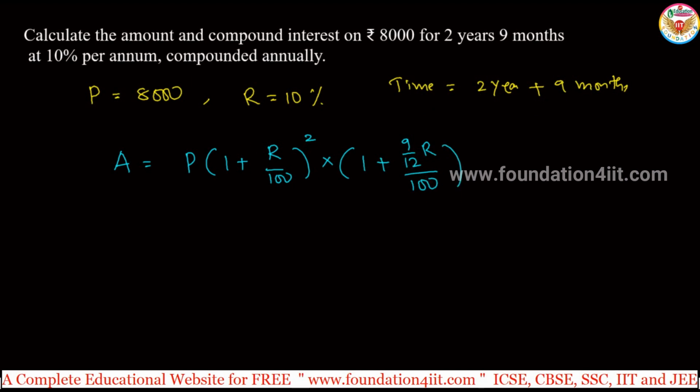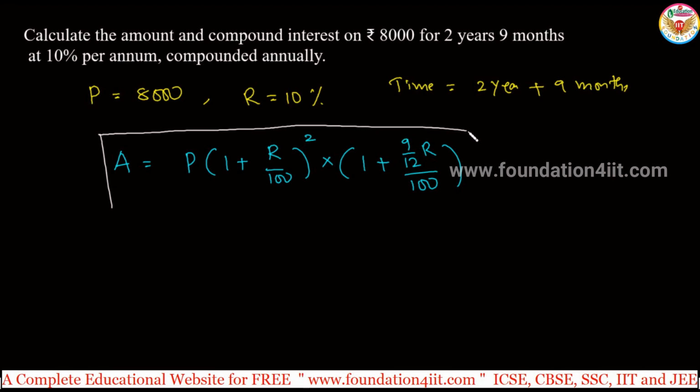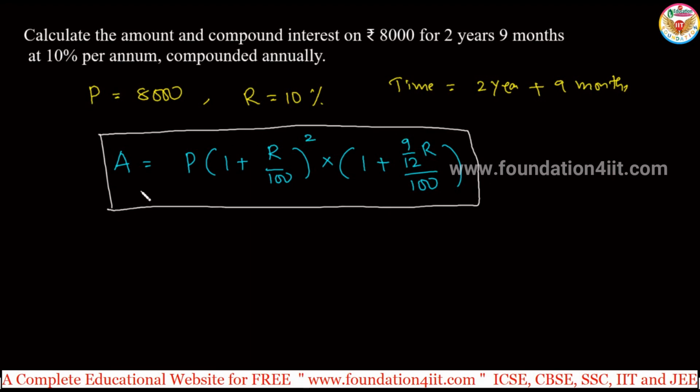So this is the formula we can apply. According to the years and months, we have to take the formula like this. Just notice here, in this place we get the number of years and in this place the number of months, 2 years 9 months. If it is 2 years 6 months, it means 6 by 12 R.